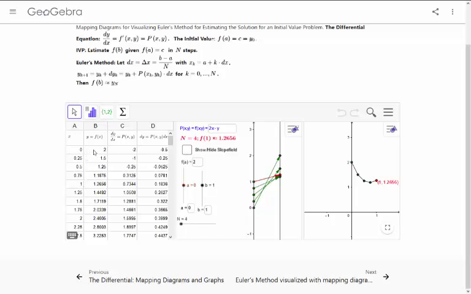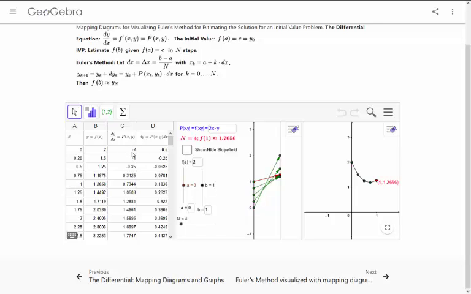In the first step, we find the value given to us as the value at 0 is 2. From that we compute the derivative and then the differential based on the derivative being, in this case, 2x minus y. So twice the first coordinate minus the second coordinate gives us the derivative.